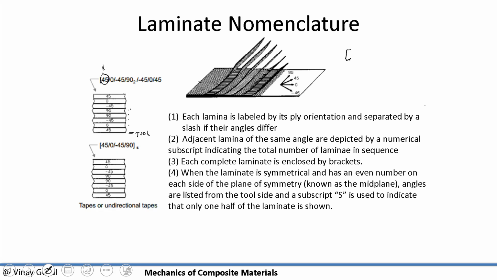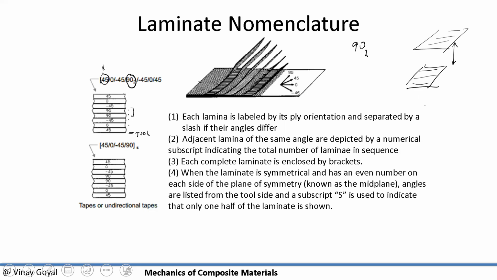Now you can see here there's two 90s together. And you can see here we put 90 with a subscript 2. So anytime you see a subscript 2, that means I have two plies that are stacked that are 90 degrees, and they're adjacent to each other.